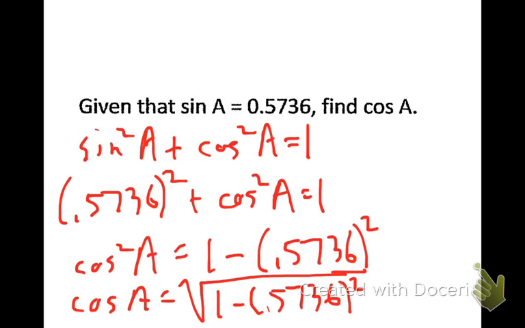And so cosine of A equals approximately, to the nearest 4 decimal places, what does cosine of A equal? Caitlin, what'd you get?